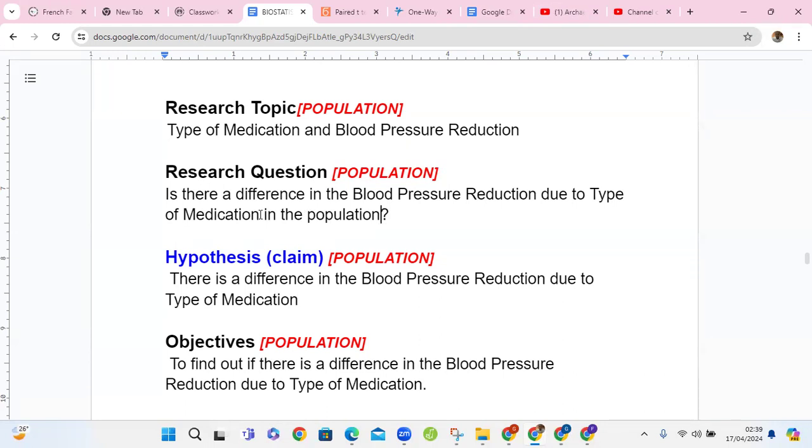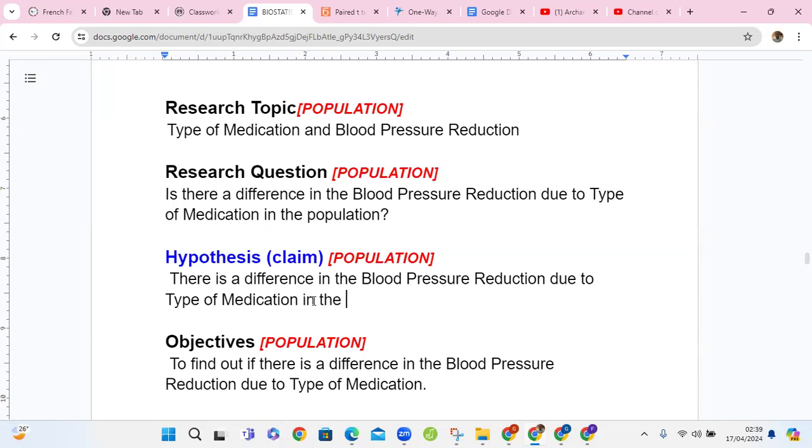Now the hypothesis, which is a response to the research question without empirical data, again directed towards the population, claims that there is a difference in the blood pressure reduction due to medication in the population.